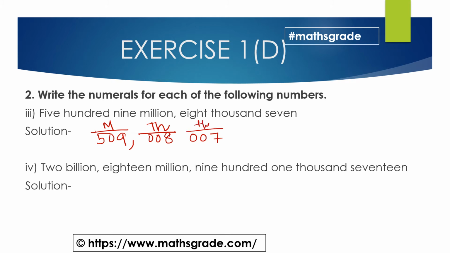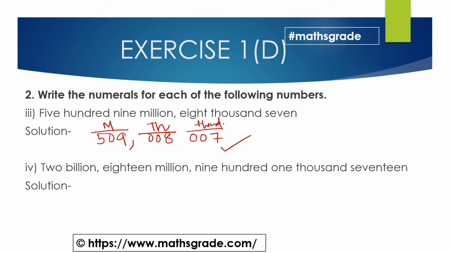There are no digits in 100,000 place and 10,000 place, so just put 008 and 007. So this is 509,008,007.